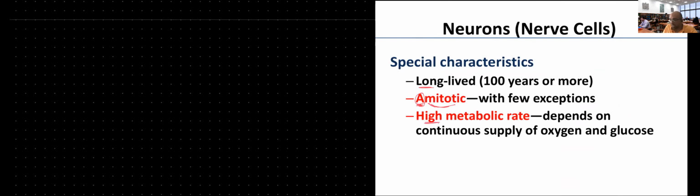They have a very high metabolic rate, and that's why your brain requires a continuous supply of oxygen and glucose. So if a person has a drop in blood sugar level, he will lose consciousness. Why? Because your brain can't function if it doesn't get a continuous supply of glucose. If I'm not able to breathe for whatever reason, what would happen?